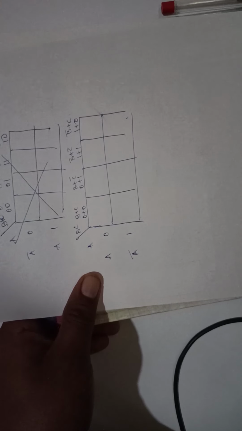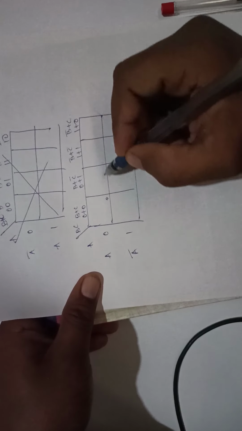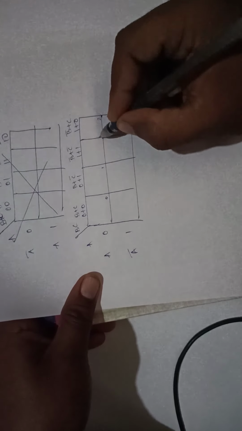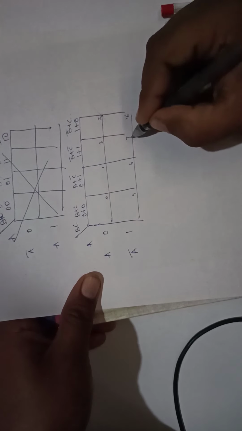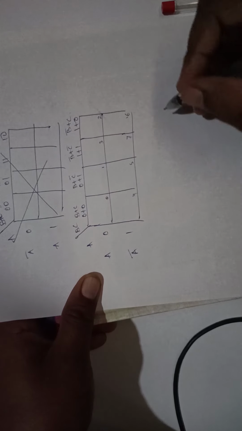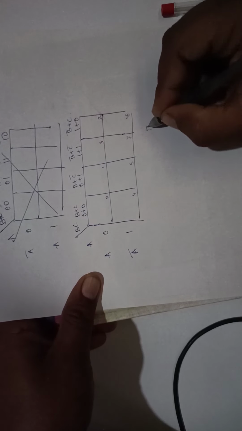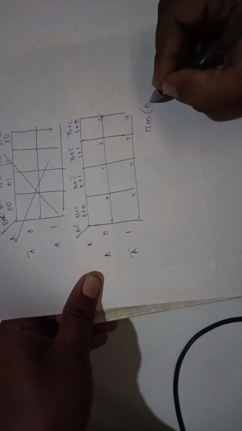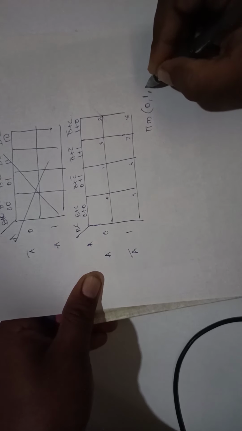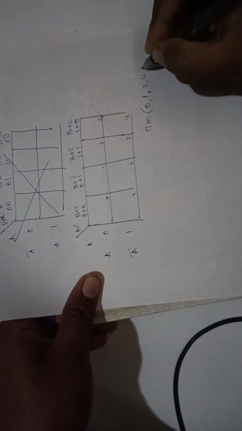Now we put the values. Firstly we give the cell numbers 0, 1, 2, 3, 4, 5, 6, 7. Our equation is given, that is pi m(0, 1, 2, 4, 5).